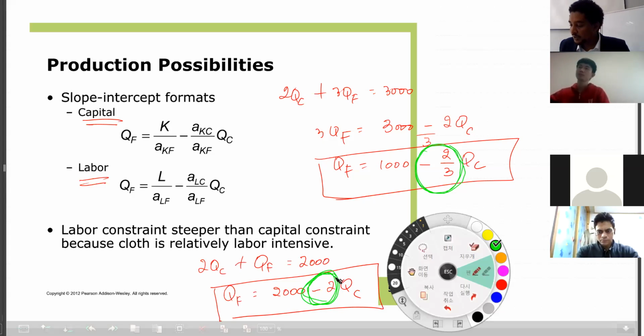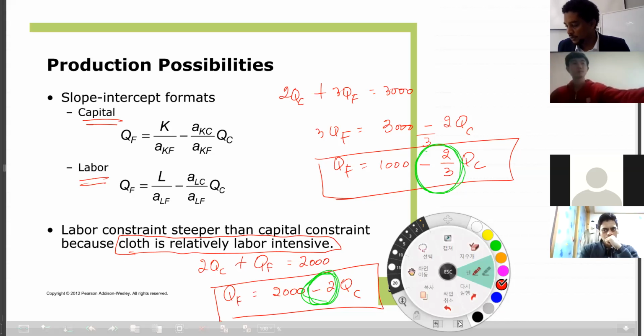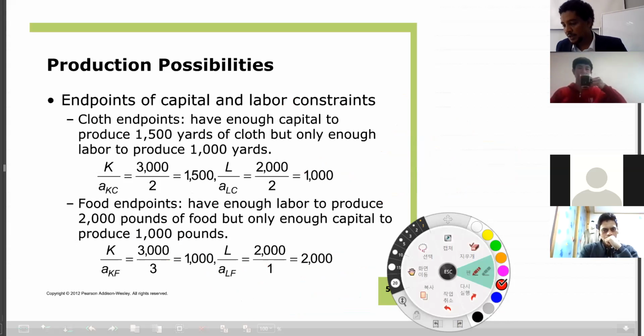So the labor constraint is steeper than the capital constraint because clothes is relatively labor intensive. We have already discussed this. Clothes is relatively labor intensive as compared to food, right?